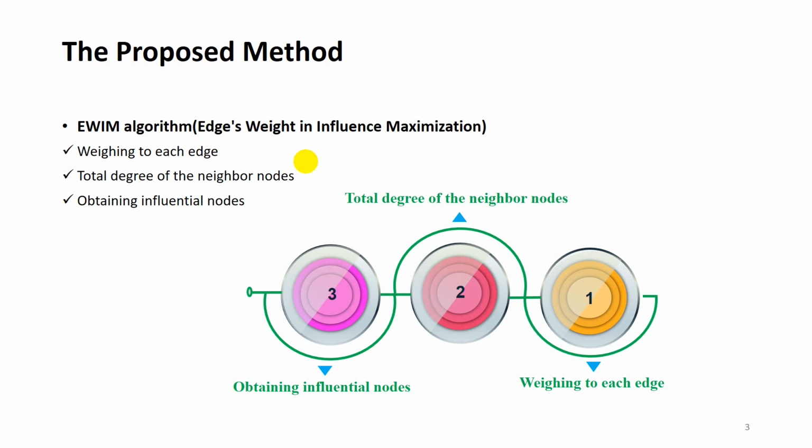It also determined their difference by focusing on entropy and calculating the right weight for each edge, and solves this problem in 3 steps: weighting each edge, total degree of the neighbor nodes, and obtaining influential nodes.